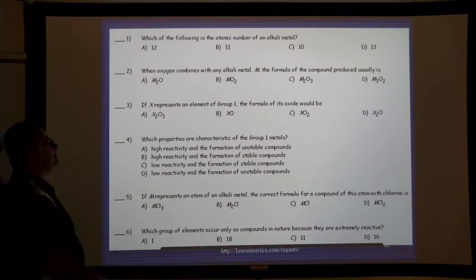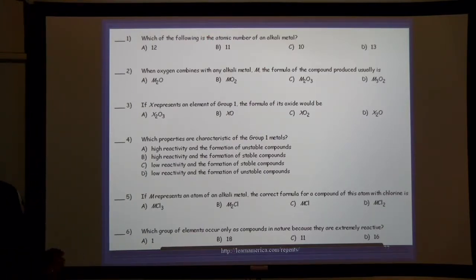Remember, group 1 means they have one valence electron, so therefore they're going to have a positive 1 charge when they become an ion. And remember, oxides have a negative 2 charge. So puzzle piece-wise, you guys are scared. I see you putting up the answer. A is correct. A is correct.